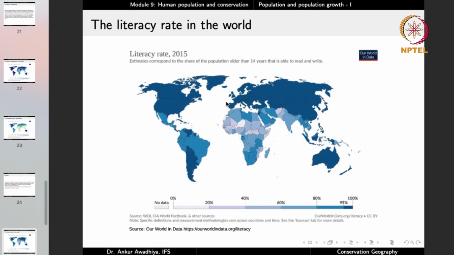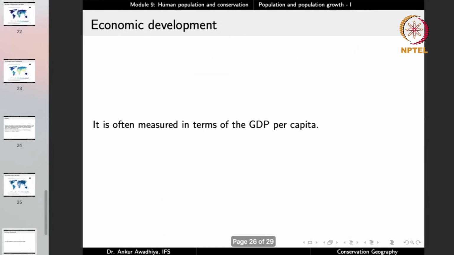Now typically you can also observe that the areas that have low literacy are also those areas where the level of socioeconomic development is less, where the population growth rates are high, where the median population age is less, and so on. So it has a large amount of ramifications on a large number of population parameters of a country or a society. So it is a very important factor to be studied.